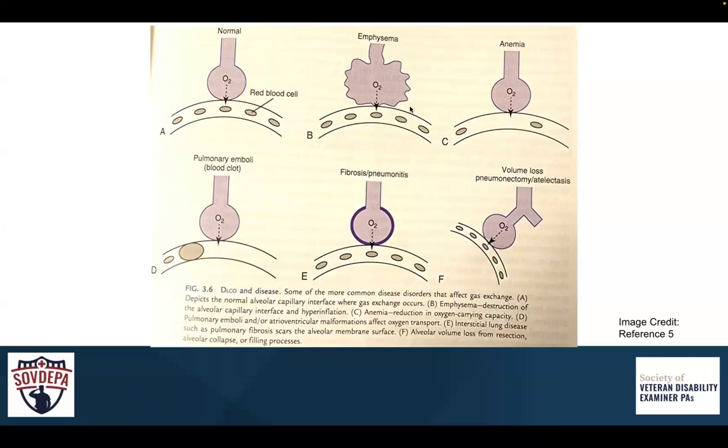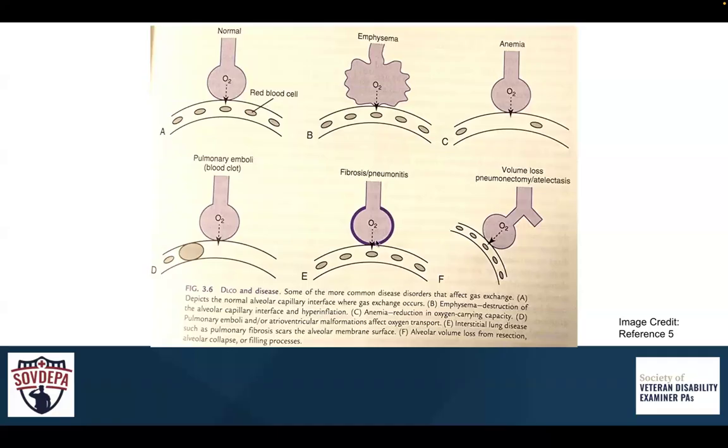Reduced DLCO can also happen if there's less volume of blood, like anemia, because there's less blood to bind to the carbon monoxide. DLCO should be normal in airway diseases that only affect small airways like asthma or chronic bronchitis. A blood clot obviously would reduce the DLCO.